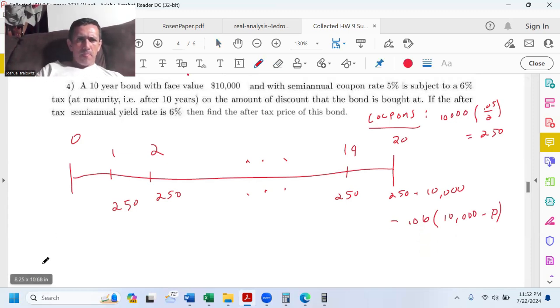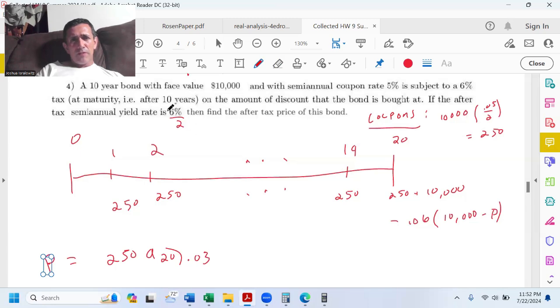So the price is the present value of all these 250 payments. It's nominal, semi-annual, so divide by 2.